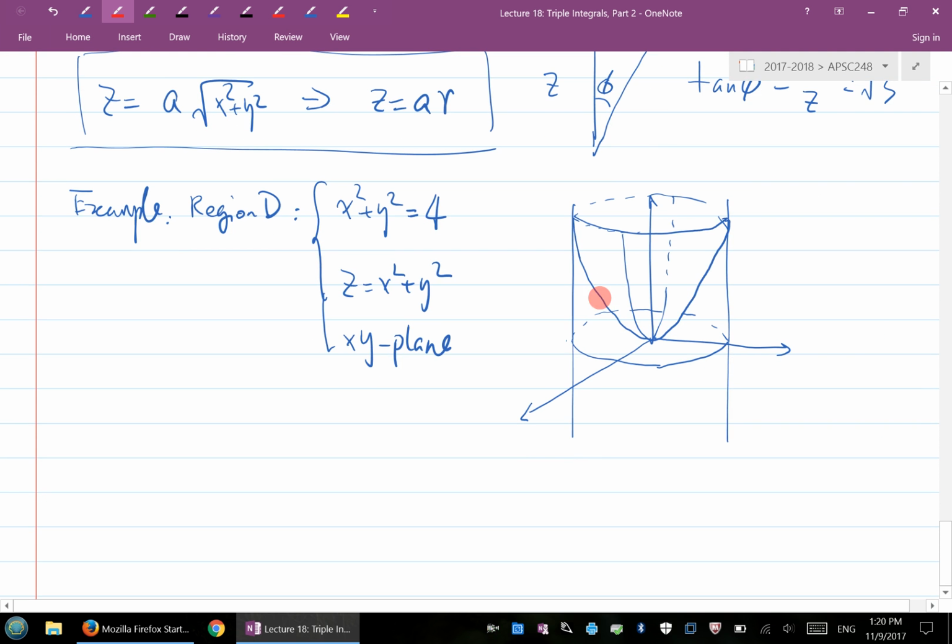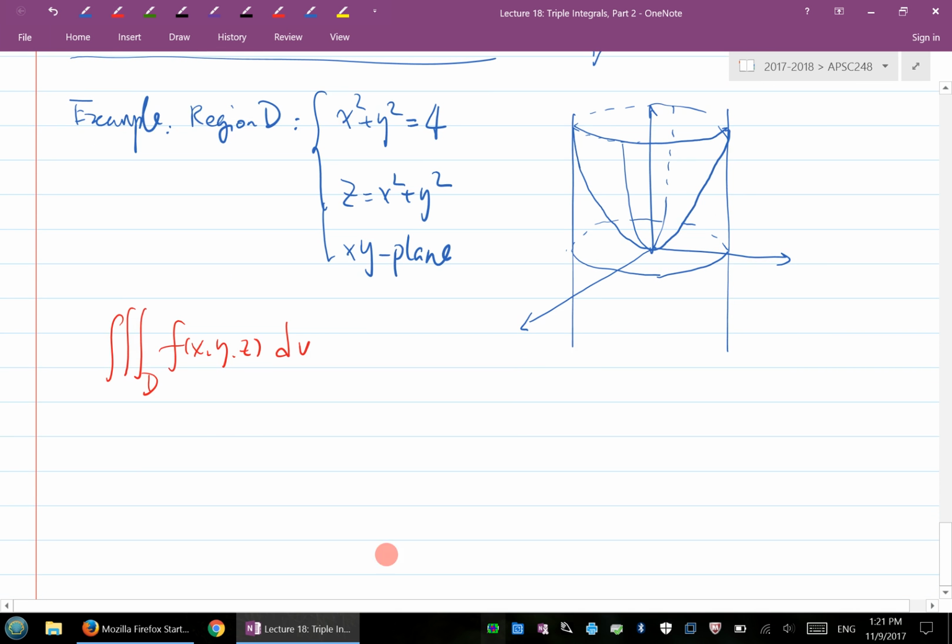Okay, so if this is the region D here, and now you're supposed to integrate any kind of function. What I want you to exercise now is, can you find its limits, but using cylindrical coordinates.